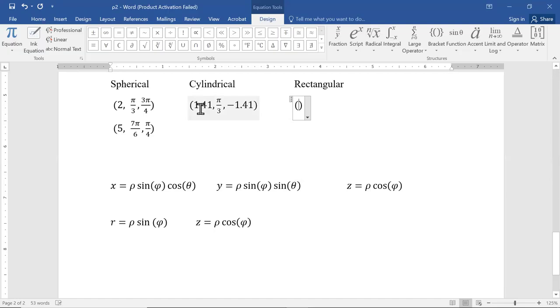Now, if I want to, I could take from cylindrical to rectangular, but we're going to go straight from spherical to rectangular using these. So x is 2 times sine of 3 pi over 4 multiplied times cosine of pi over 3. That is rho times sine phi times cosine pi over 3. And in rectangular, I get about 0.71. By the way, that's actually square root of 2 over 2.